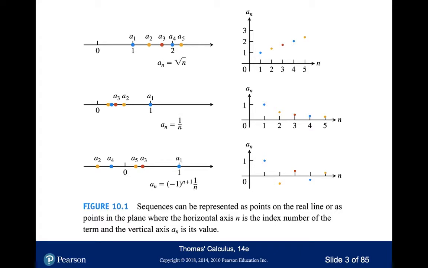So that means as we count up by integers, when n is 1, we plug in 1, and then we plug in 2, and then 3, and then 4, and then 5, etc. We can then plot those either on a number line or on an XY axis where we have our x-axis representing the n value we plugged in and our y-axis representing the a sub n, or what we get then for that term of the sequence.